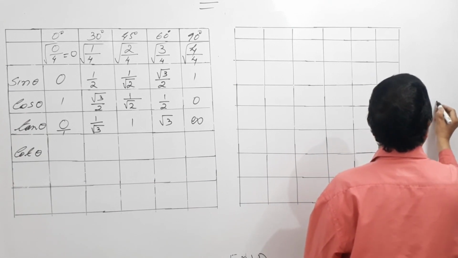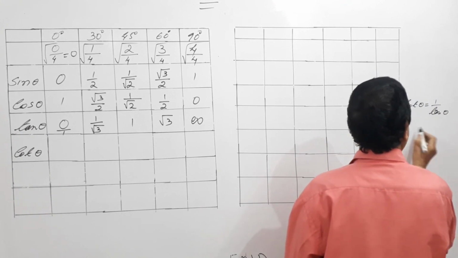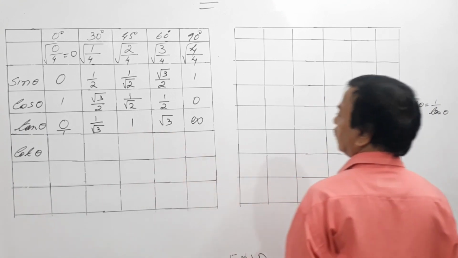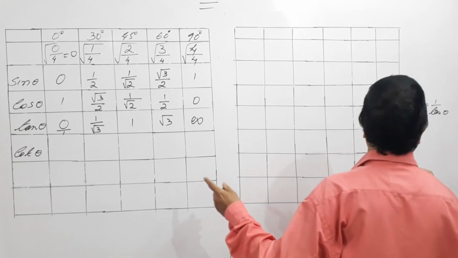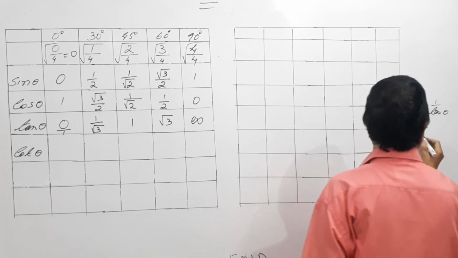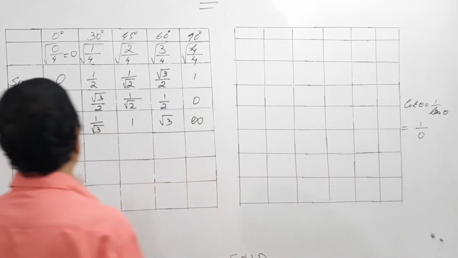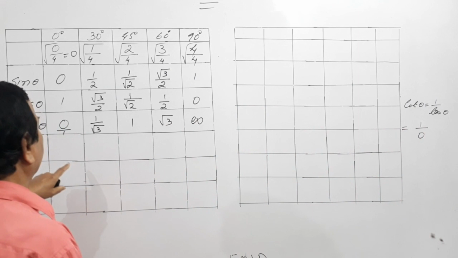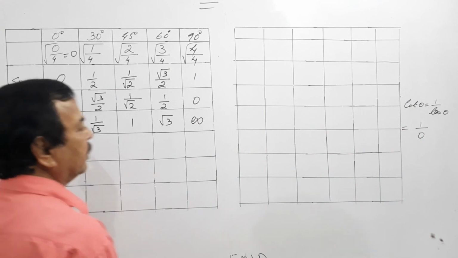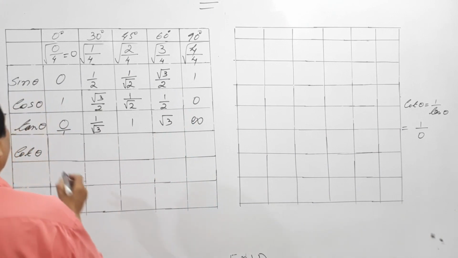Cot theta equals 1 by tan theta. So 1 divided by 0 tan. You take the reciprocal of that, that becomes 1 divided by 0. 1 divided by 0 is infinity.